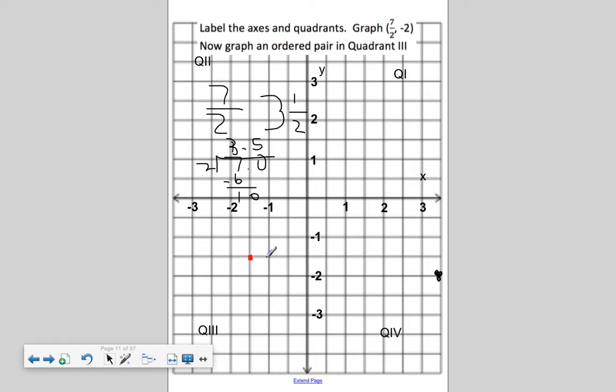Random. What would this one be? Let's see. If these are halves, this would be -1/2, -1, you could say -3/2, or you know what, I'm going to say it as -1 and 1/2, which is between -1 and -2.